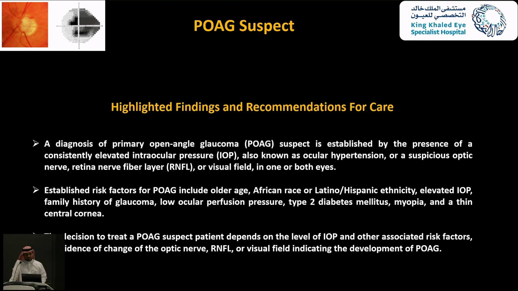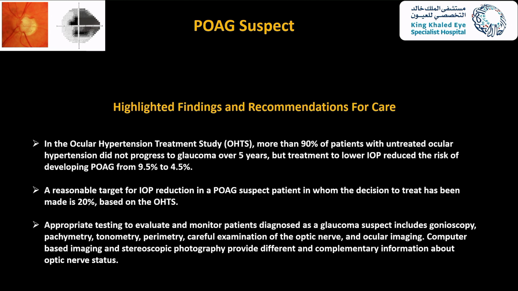So the decision to treat depends on the level of intraocular pressure and other associated risk factors, or evidence of change of the optic nerve, retinal nerve fiber layer, or visual field indicating that the patient is developing glaucoma.